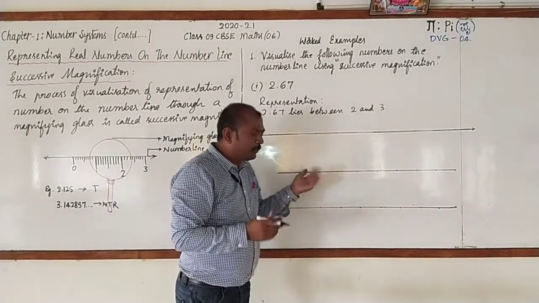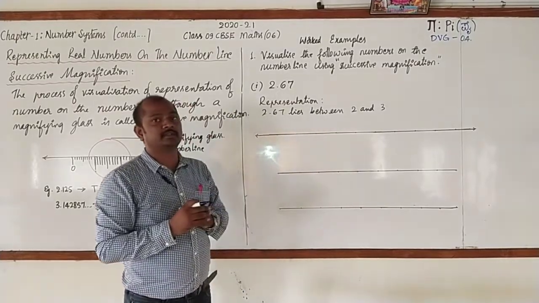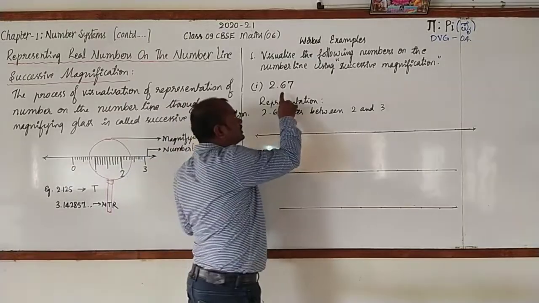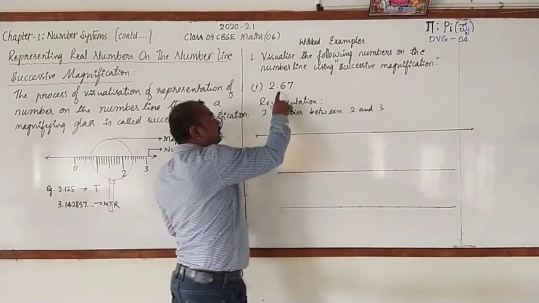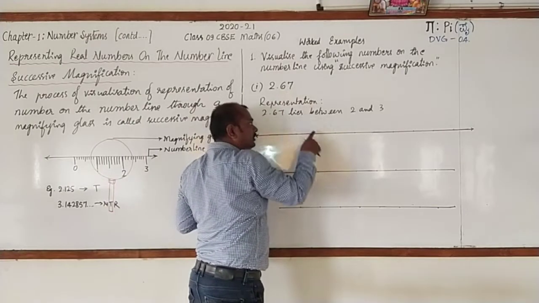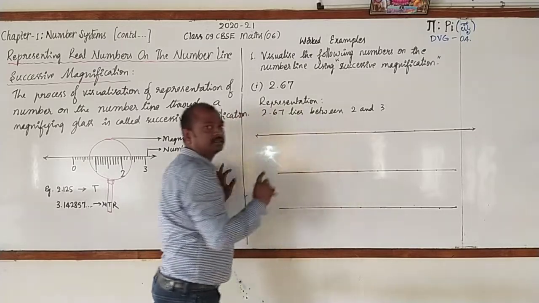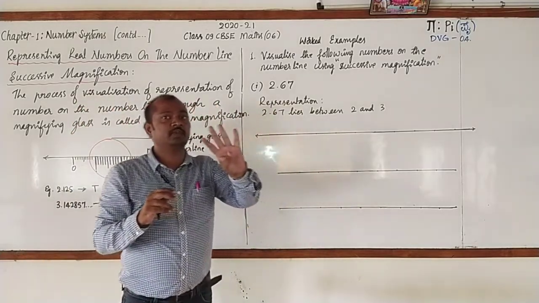You may be wondering why I have drawn 3 number lines. I will tell you the reason. Count the number of digits in the decimal part. If 2 are given, you have to add 1 more, so a total of 3 lines. If 3 digits are given in the decimal part, you have to take 4 lines.